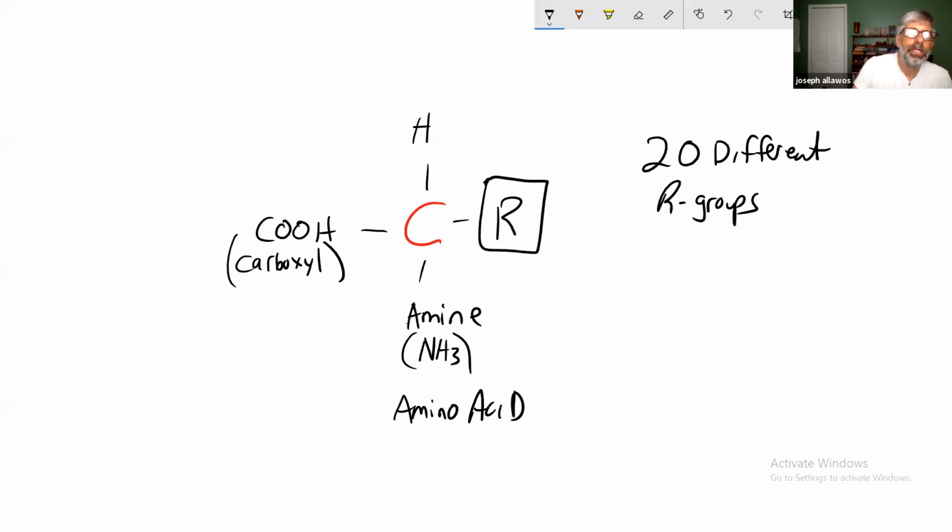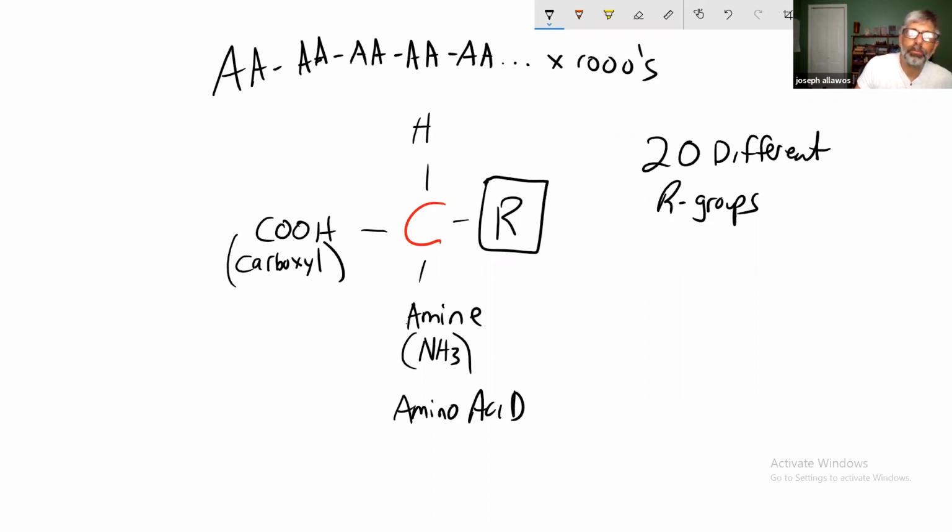How do you make a protein? You take the amino acids and you stick them together in a chain like this, times 1,000 or more. It's kind of arbitrary, but we say if it's 1,000 or more amino acids stuck together, then technically it's a protein.